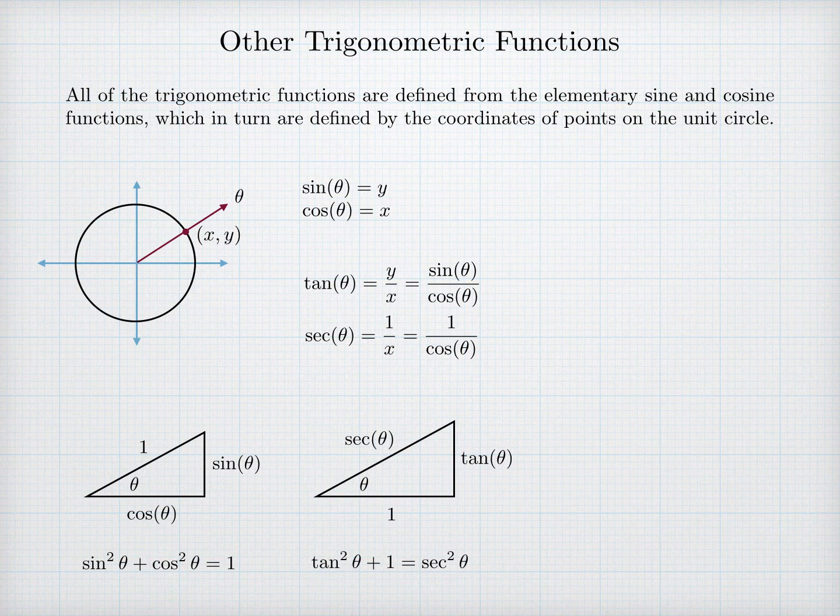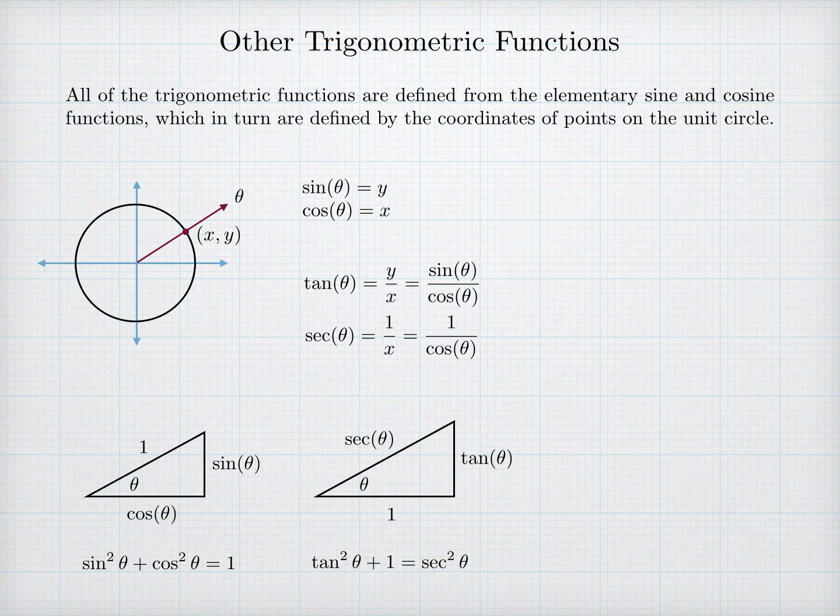And I get a similar right triangle, again with the angle theta. This time one of my legs has a length 1. So the Pythagorean identity for tangent and secant is that the tangent squared plus 1 is always equal to the secant squared.